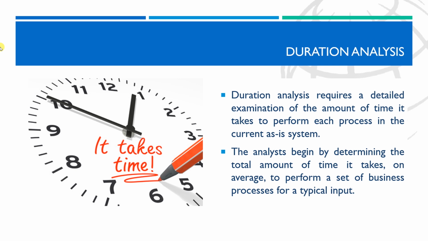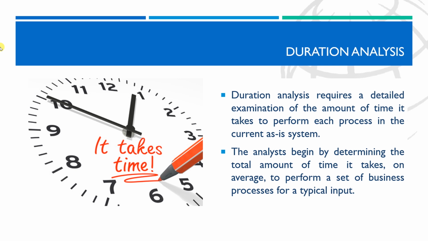The analyst begins by determining the total amount of time it takes on average to perform a set of business processes for a typical input. They then time each of the individual steps in the business process. The time to complete the basic steps is then totaled and compared to the total for the overall process.